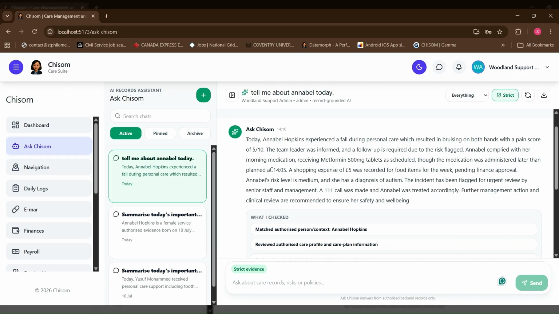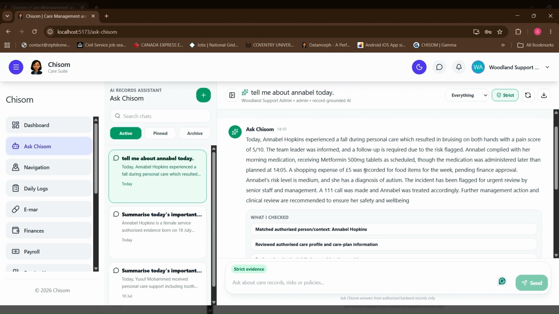Annabelle complied with her morning medication, receiving metformin 500 mg tablets as scheduled, though the medication was administered later than planned, at 14:05. If you notice, the medication was due by 9, but we administered it at 14:05. So that was why this AI was able to track that it wasn't administered on time, right?